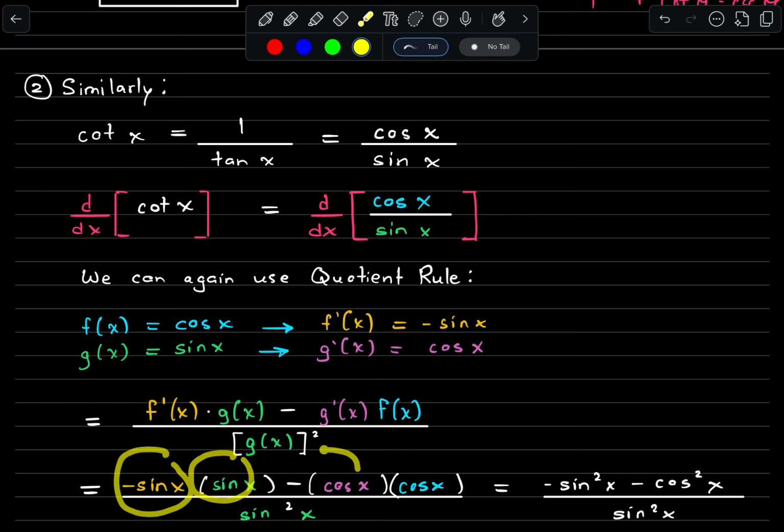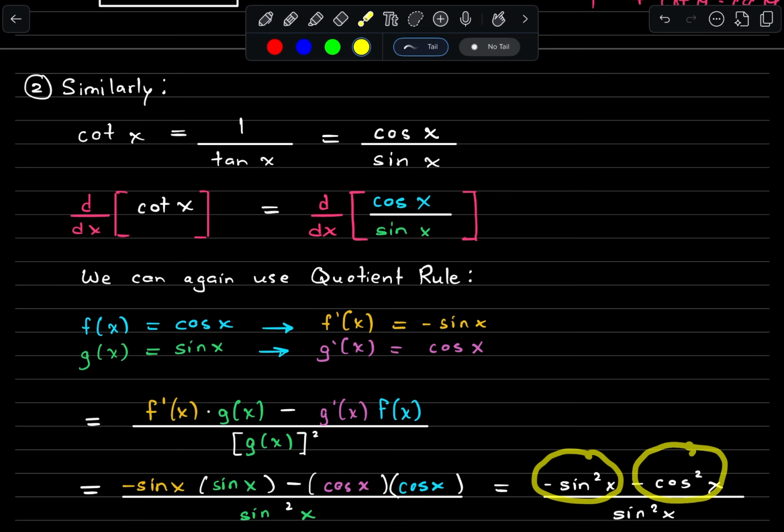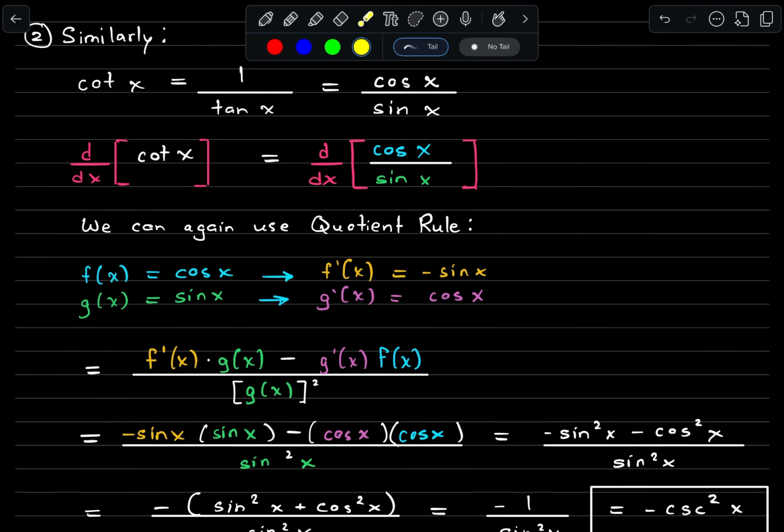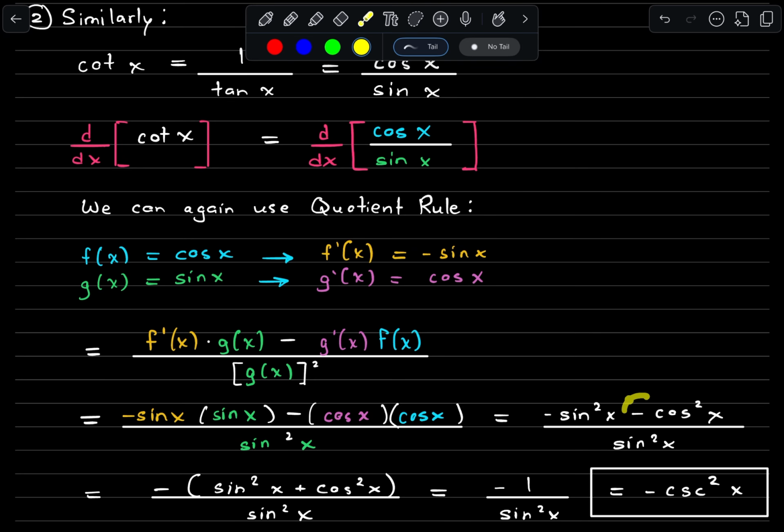We're going to get negative sine times sine minus cosine times cosine, all of it over sine squared. So we'll be left with negative sine squared minus cosine squared over sine squared. If we factor out a negative from the top, we'll get negative parentheses sine squared plus cosine squared.